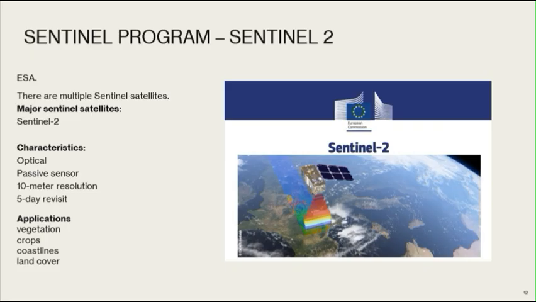This means that Sentinel-2 can capture finer details on the ground, making it especially useful for mapping agricultural fields, monitoring vegetation, and studying land cover. Another advantage is its more frequent revisit time. With 2 Sentinel-2 satellites in orbit, most locations on Earth are imaged approximately every 5 days.